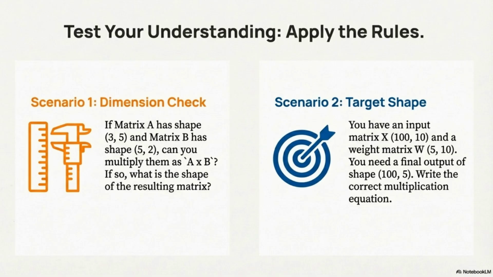You have an input matrix X of shape 100 by 10 and a weight matrix W of shape 5 by 10. You want your final output to have shape 100 by 5. The challenge is to write the correct multiplication equation that produces that shape, possibly using a transpose. These exercises force you to think about inner and outer dimensions, not just the raw numbers in the tables.